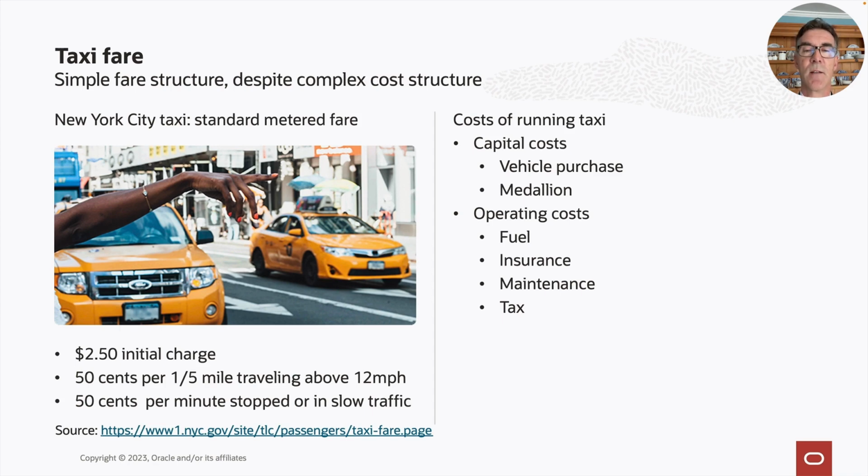Here's what it's not. There's no reference to the cost of running that taxi. Capital costs, such as purchasing the vehicle or the driver's medallion, operating costs such as fuel, insurance, maintenance and tax. That's the taxi company's cost of doing business. Your bill makes no reference to any of that.